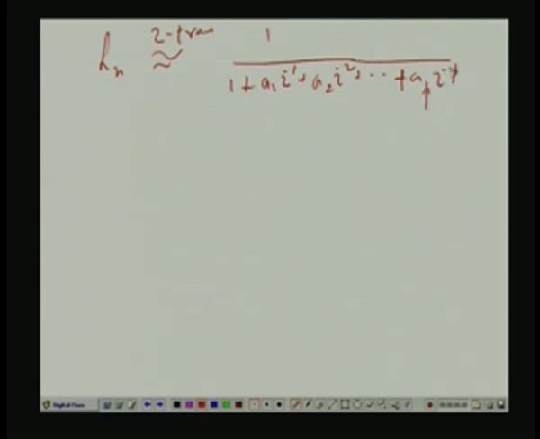This coefficient is 1. You know, it is a causal system. If you let z equal to infinity, this side becomes 0, and any causal transfer function, if you let z equal to infinity, what you get is H0, and H0 is 1, so that is why this is 1.